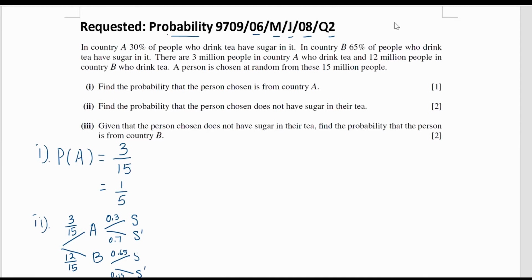So in order to answer part 2, we are trying to find the probability that the person chosen does not have sugar in their tea.